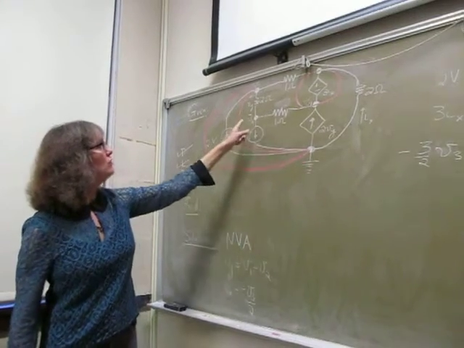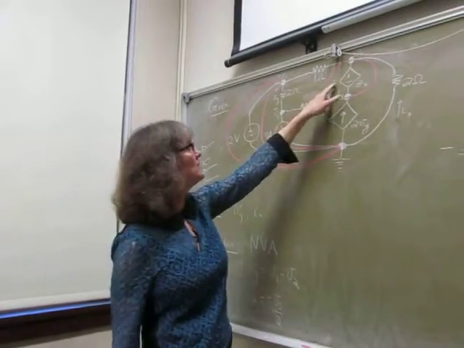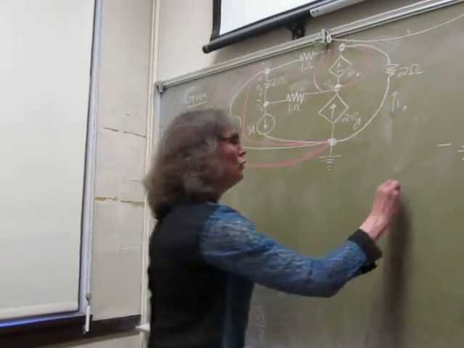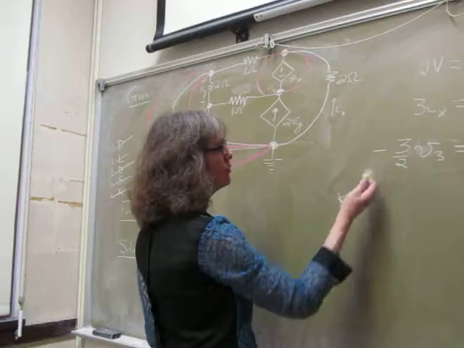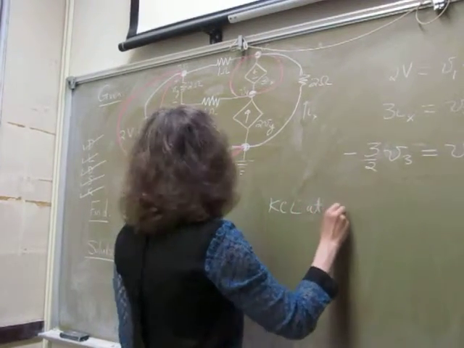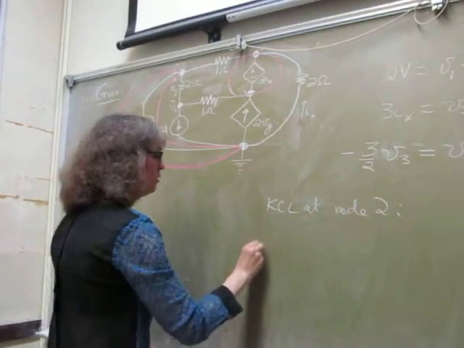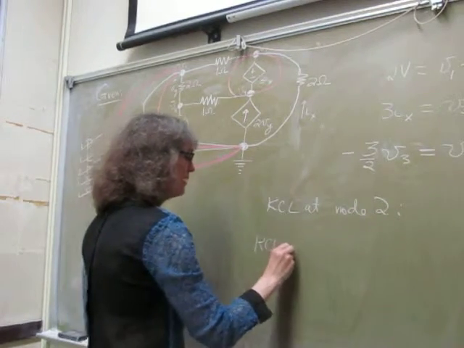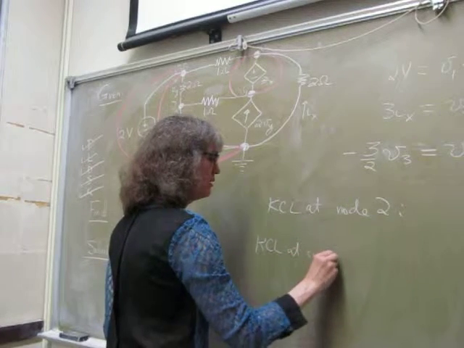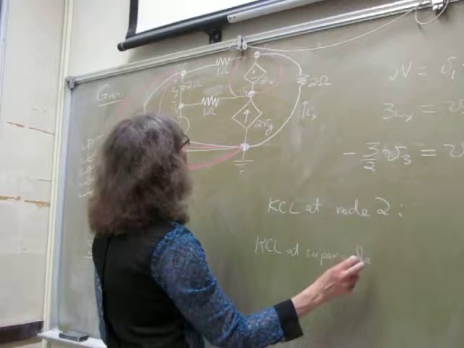We only need to do it here and at this supernode. So we only need 2 more equations. So we're going to do Kirchhoff's current law at node 2, and we're also going to do Kirchhoff's current law at supernode 3, 4.